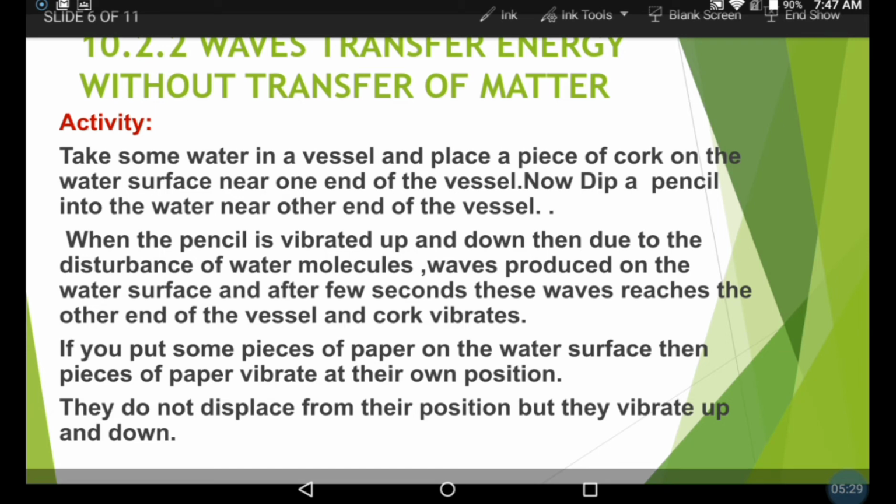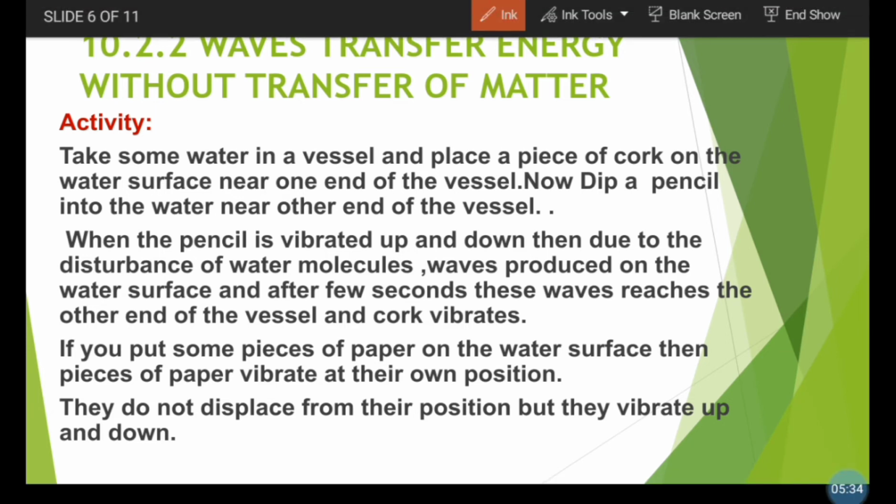Now let's see another topic. Waves transfer energy without transfer of matter. We can prove this with the help of an experiment.